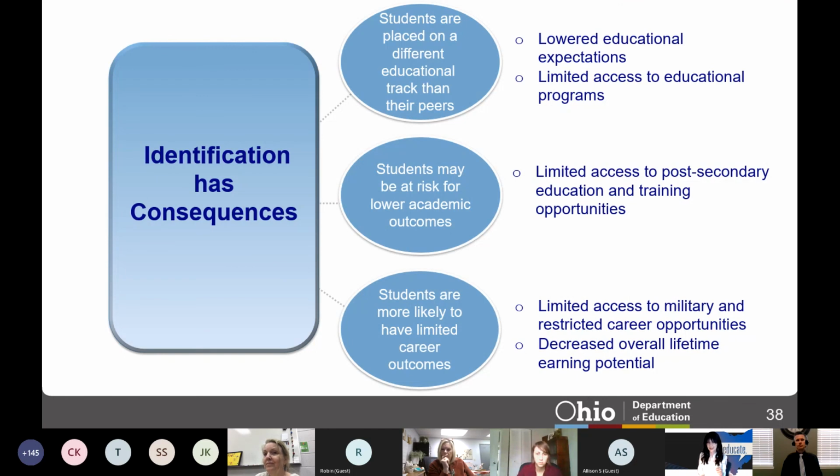We're going to have profile information, future planning, transition information, information about statewide and district-wide testing, least restrictive environment. It's the whole child. And there's no way that a district can guarantee that they're providing a free, appropriate public education when that child is not enrolled. So something to keep in mind. And these are some of the consequences of identification. Next slide.